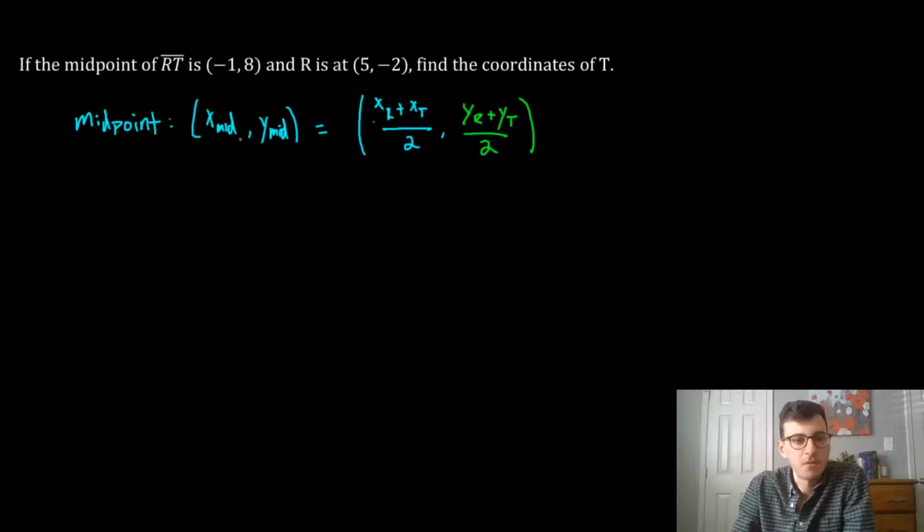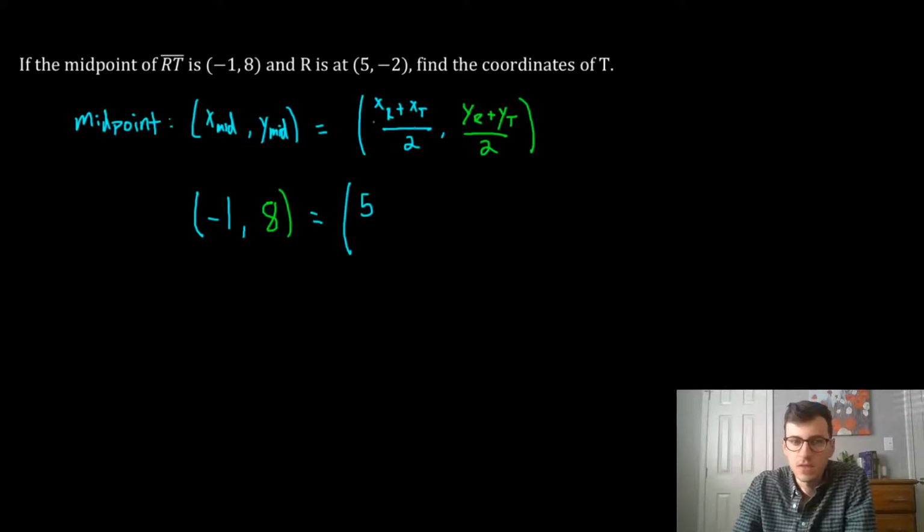Well, I have my X midpoint. I'm going to go ahead and write, the X midpoint is -1. And I also have the Y midpoint at 8. I have the X coordinate of R, that is 5.